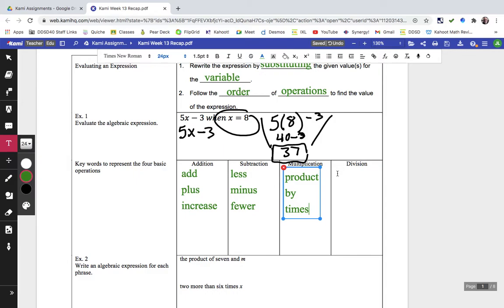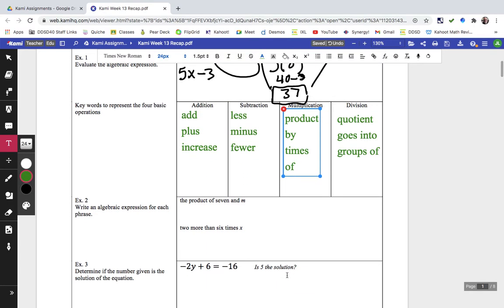And then for division, we could have quotient, goes into. I like to use groups of or split into groups. Multiplication of is another one.